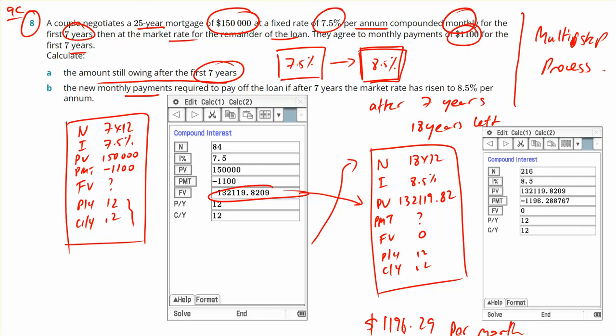Hopefully that helps, because you've got to get a clear picture of what's going on and what we're feeding into what. Once you've got an idea of what you're doing after 7 years, it's still pretty straightforward. The only complication is you're using the financial solver twice. Hopefully that helps.